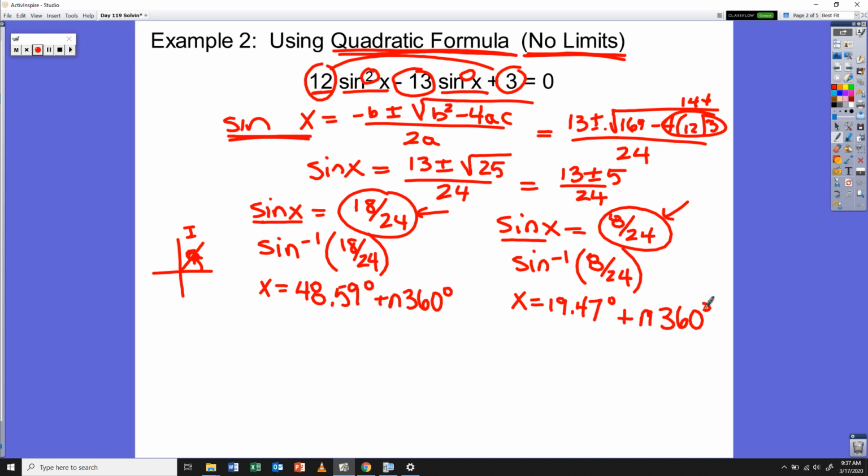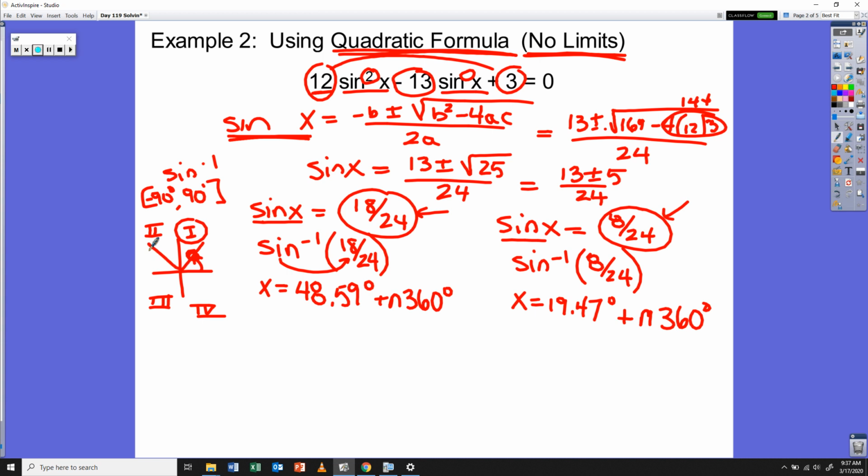The only thing here is, if you remember your QRS, if you remember what quadrants things are positive and negative in, you're going to recognize that quadrant 1 is not the only quadrant where sine values can be positive. Inverse sine is restricted to only giving you answers between negative 90 degrees and positive 90 degrees. So that's why our calculator is giving us this in quadrant 1.